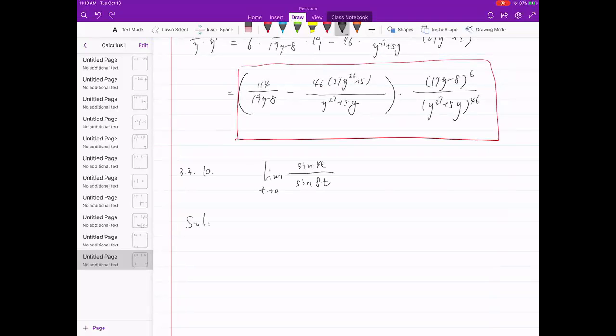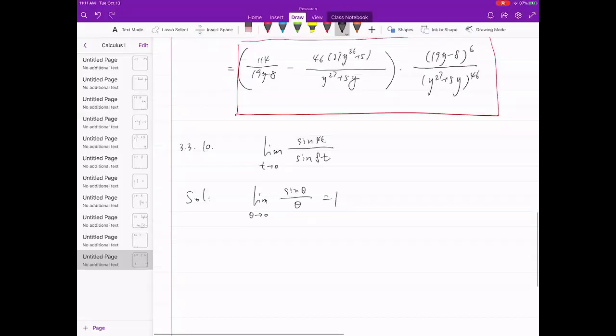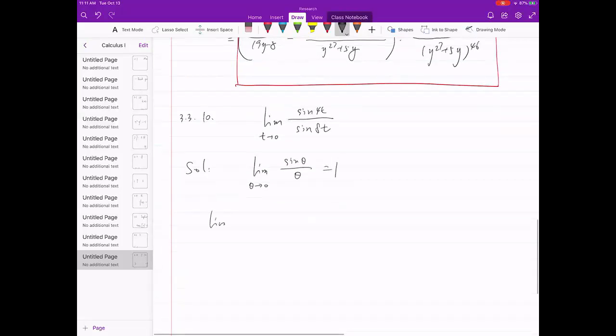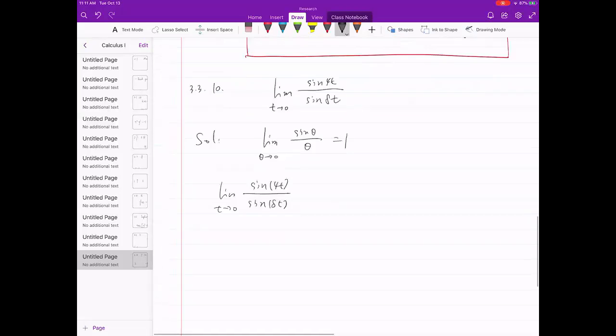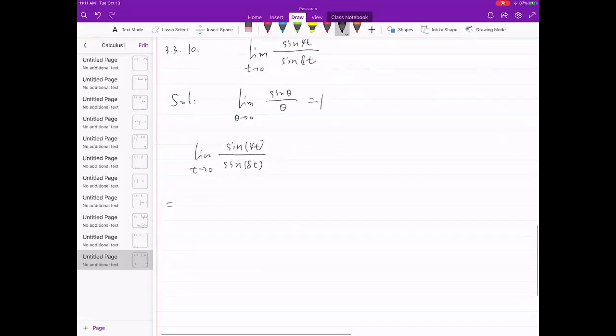For a problem like this, from now on, just keep in mind the only thing we need is this fact is 1. Okay? With that in mind, what we need to do is to make sure the thing here and here are the same.